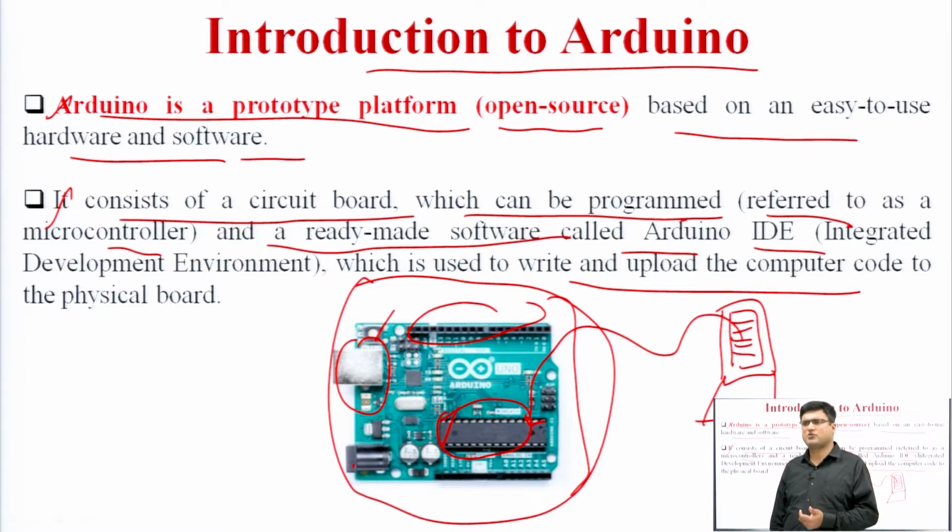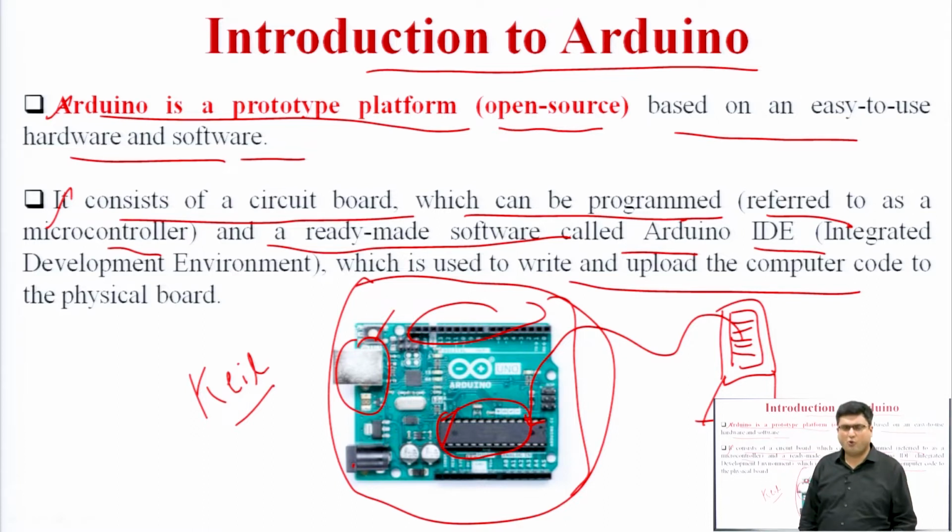In 8051, you program in the Keil software, and after programming you can burn that code into the 8051 chip. This code can be rewritten again and again, depending upon the number of cycles of the particular chip. So, this is the Arduino board, and in the same way Arduino works.